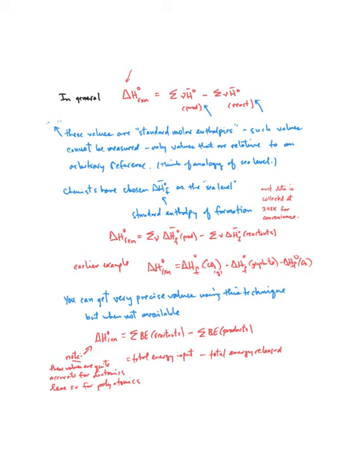So when I say a standard enthalpy of formation, that has to do with the delta H_f naught of a reaction, which is the creation of 1 mole of a substance from its elements in their standard states.